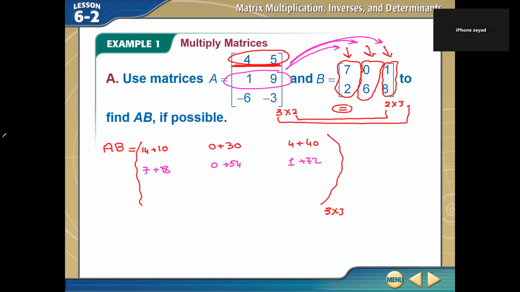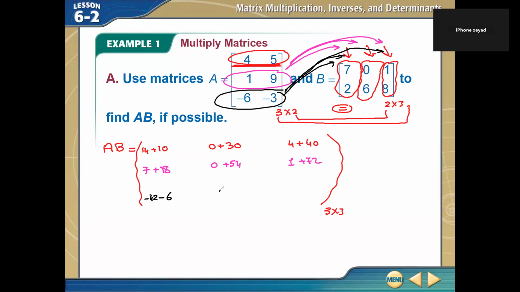We go to the last row, as you see. We distribute the row by the 3 columns as we did in the first and second steps. Negative 6 multiplied by 7 equals negative 42, and negative 3 multiplied by 2 equals negative 6.